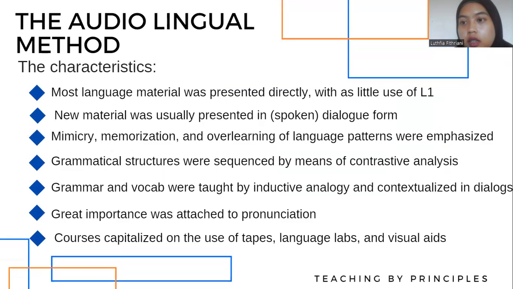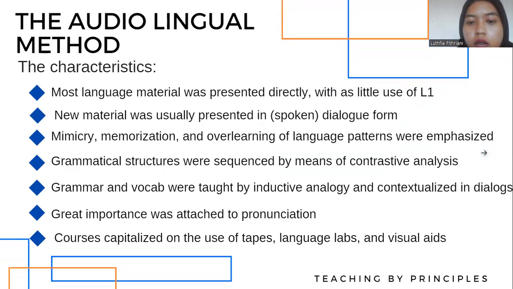Here are some characteristics of the audiolingual method. Most language material was presented directly with as little use of the native language as possible. The material was usually presented in spoken dialogue form. Mimicry, memorization, and overlearning of language patterns were emphasized.